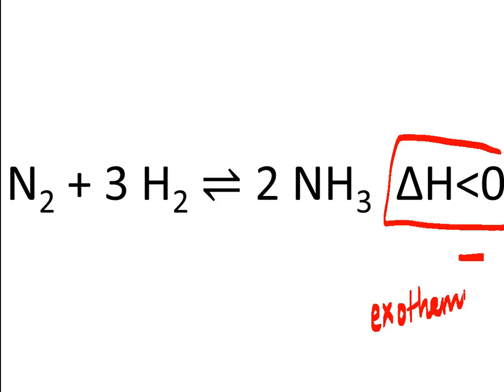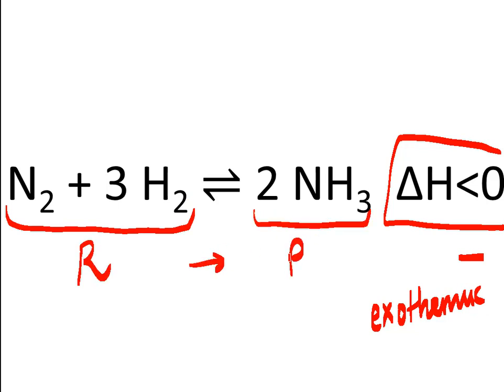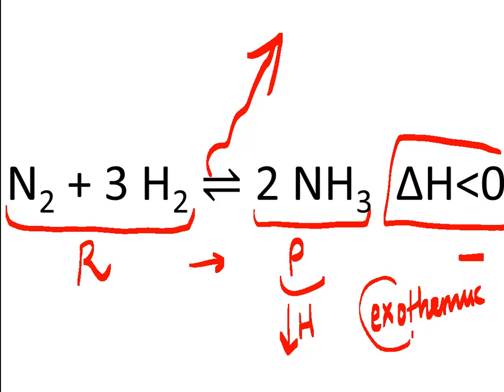How can we see that? Because this is saying that the change in enthalpy from the reactants to the products is negative. So the products have less enthalpy than what the reactants had. For the products to have less enthalpy than the reactants, more energy must have been released during the reaction than what was absorbed. In other words, the reaction is exothermic.